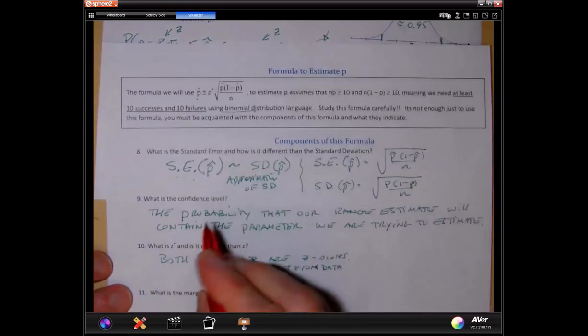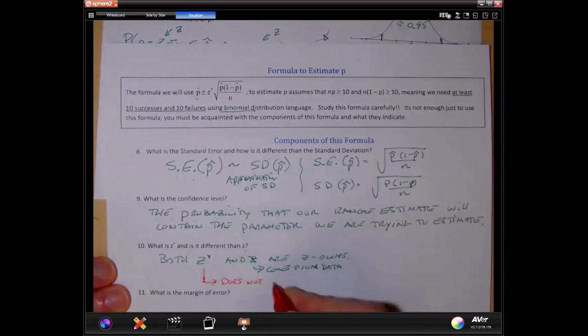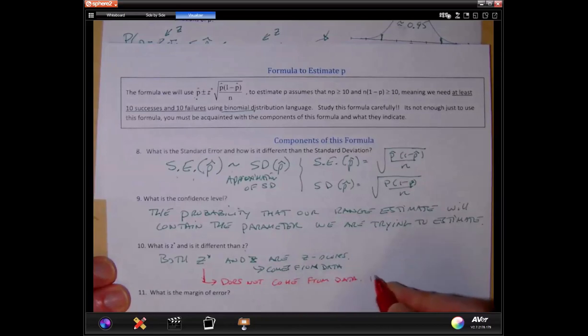This does not come from data. It is user picked. In other words, I pick it.